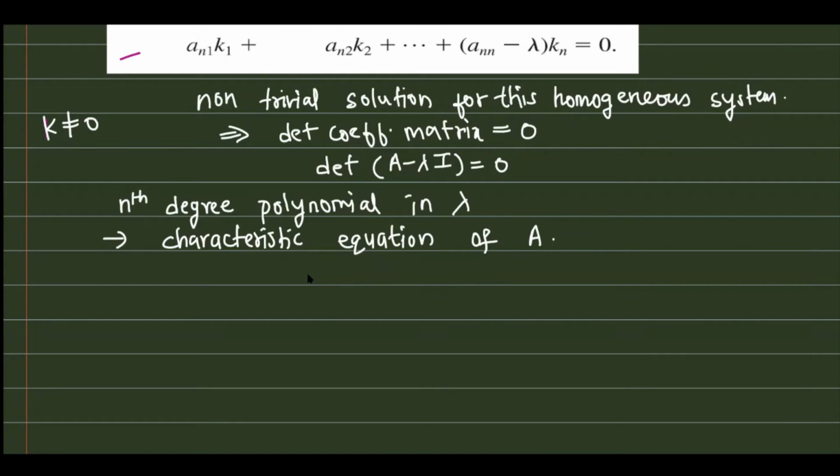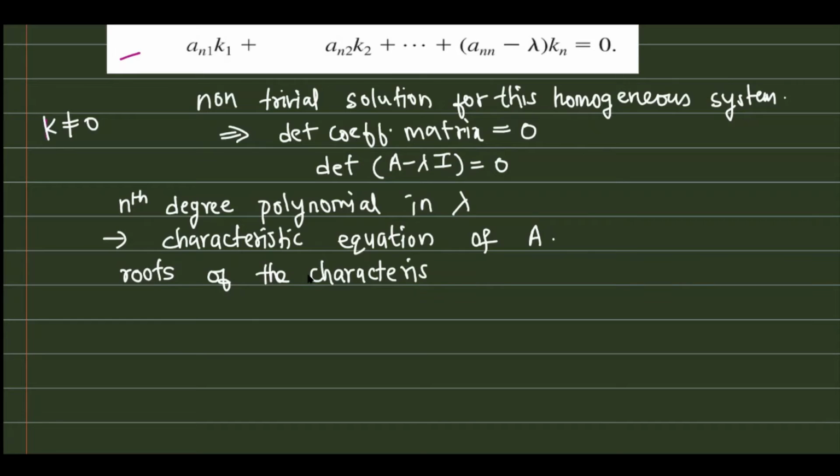Now, the eigenvalues of A are the roots of this characteristic equation. So once we get the characteristic equation, we have to find the roots.